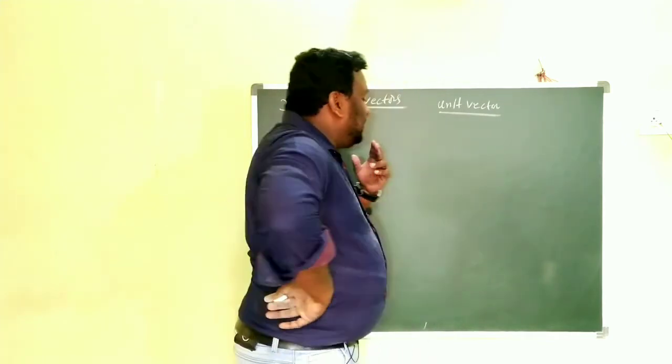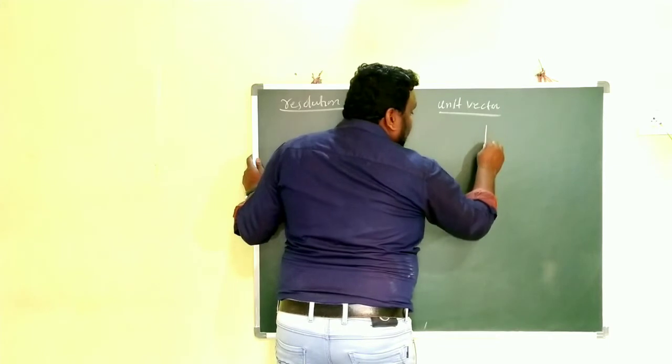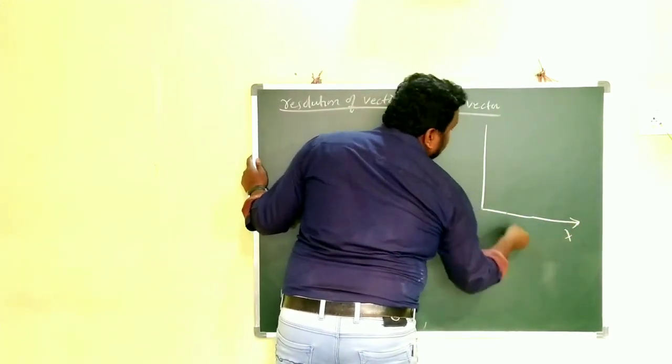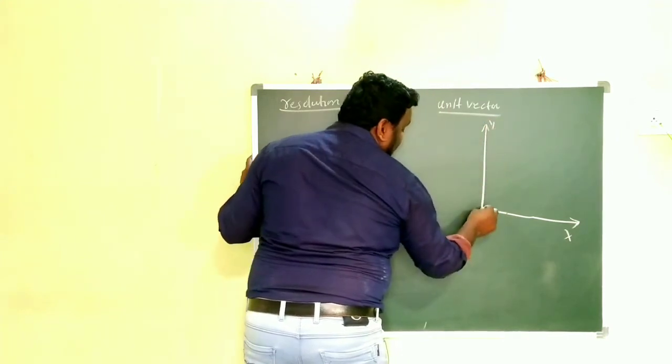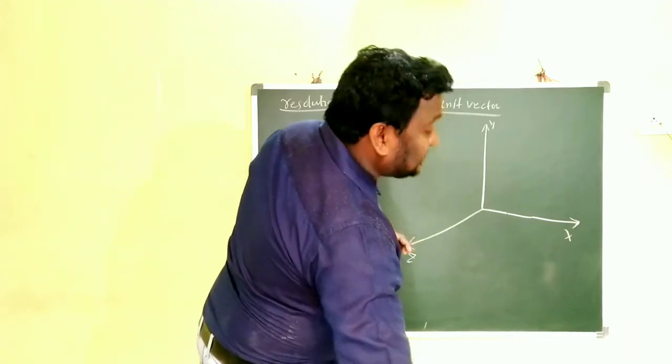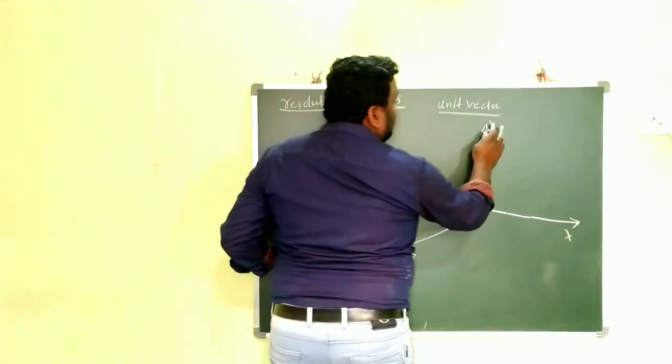So children, here we are taking one coordinate system, with x-axis, y-axis and z-axis. What I told you just now, unit vectors identify particular directions.